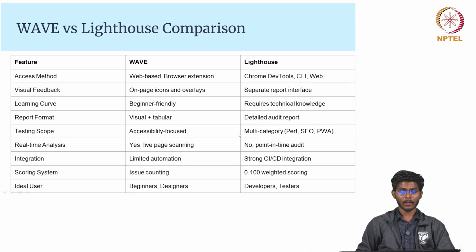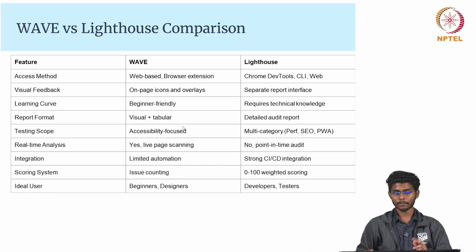Also, WAVE has limited automation, whereas Lighthouse has strong CI/CD and DevTools integration, and it generates the whole report covering every corner of the interface, which is not seen in the WAVE tool, which generates only basic issues causing accessibility problems. So these are the comparisons between WAVE and Lighthouse.